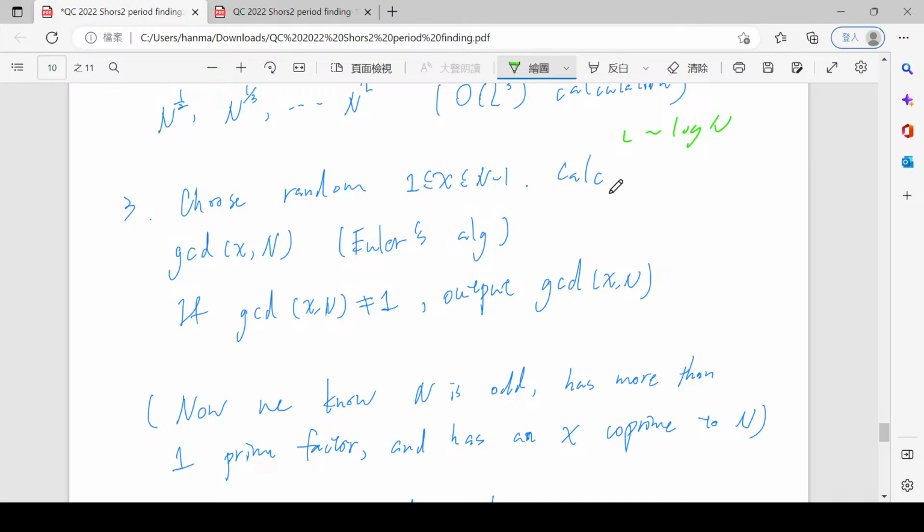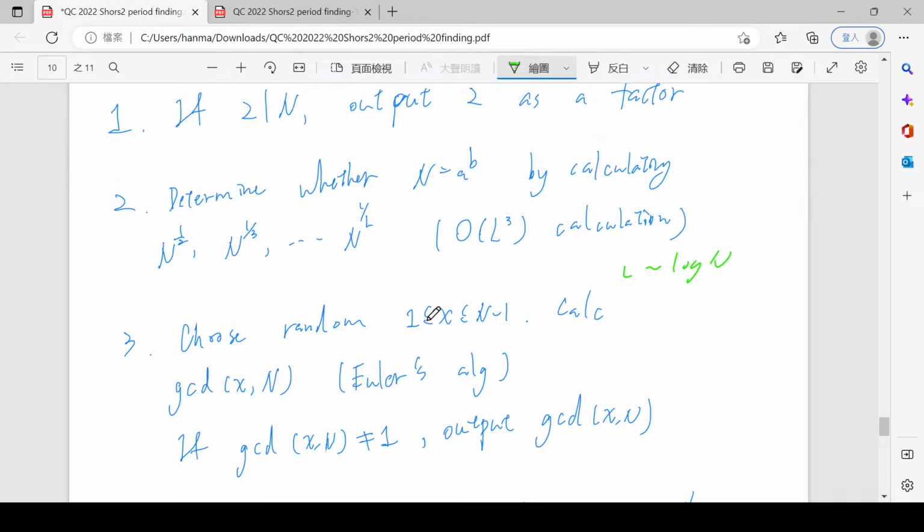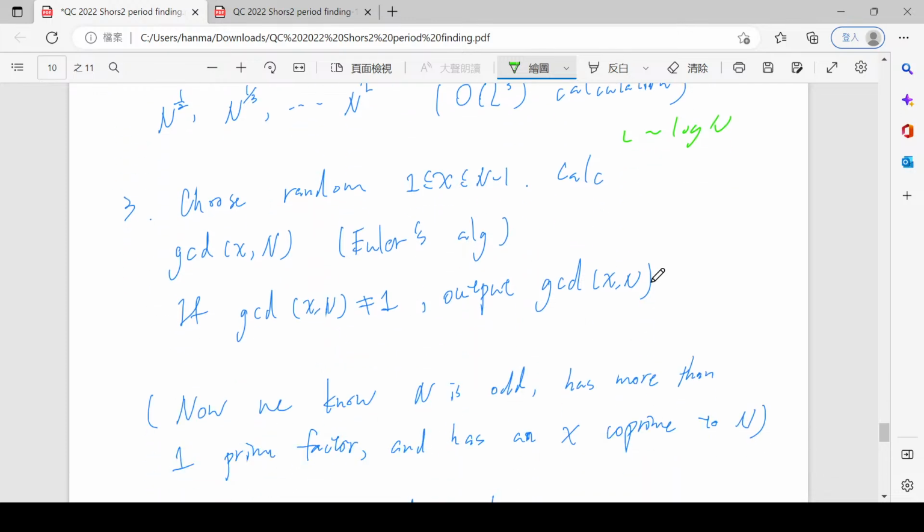Then we start with our random picking of x. We pick a random x from 1 to n minus 1. First you check whether x shares any non-trivial factor with n. So you calculate the greatest common divisor between x and n, using Euclid's algorithm. If it's not 1, then you already found a non-trivial factor, and you are happy.